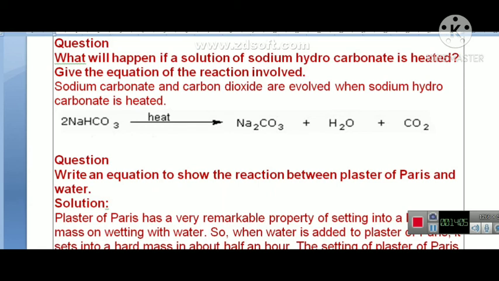Give the equation of the reaction involved. Sodium carbonate and carbon dioxide are formed when sodium hydrogen carbonate is heated. It is a metal hydrogen carbonate.